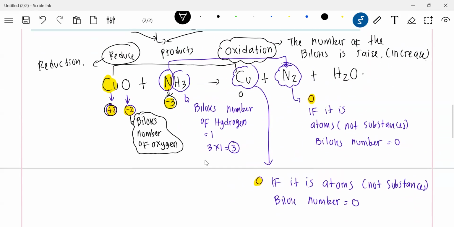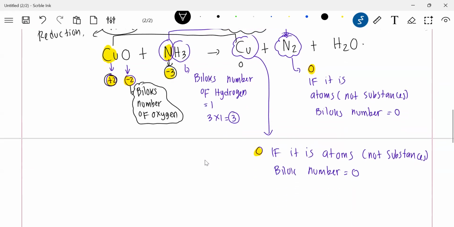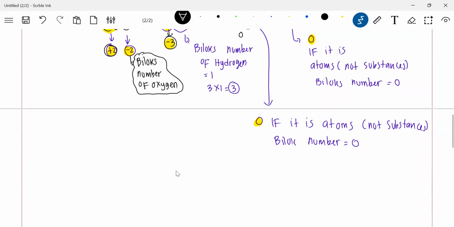Next step, this is about the oxidation number. We have to balance the nitrogen because this is not balanced. Okay, I will rewrite again: CuO plus NH3 becomes Cu plus N2 plus H2O.